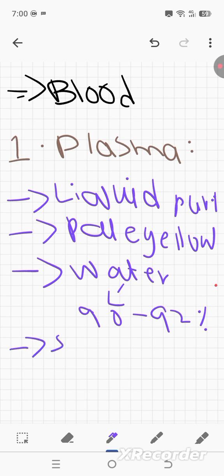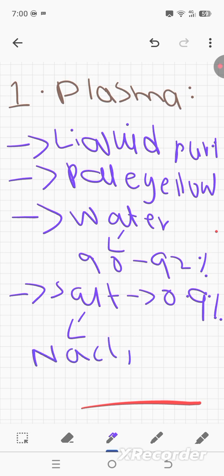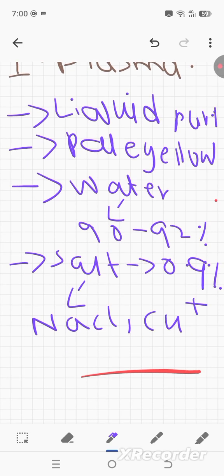And in plasma we have salts, around 0.9%. Examples of salts inside the plasma are NaCl, calcium ions and bicarbonates.